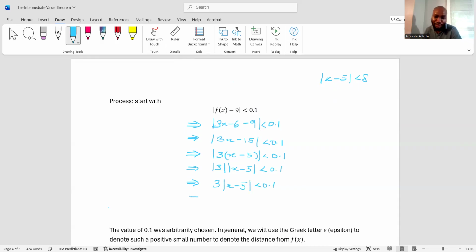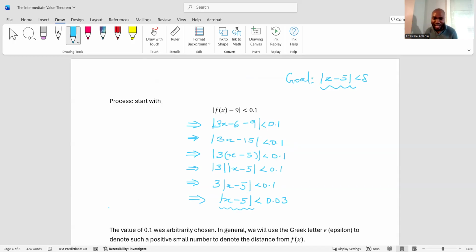I can divide through by 3. Then I will have that the absolute value of x minus 5 is less than 0.1 divided by 3. That should be 0.033, I believe, so I will just take 0.03. Now, I've been able to arrive at something exactly like what I'm looking for. That is my goal, and I have it.